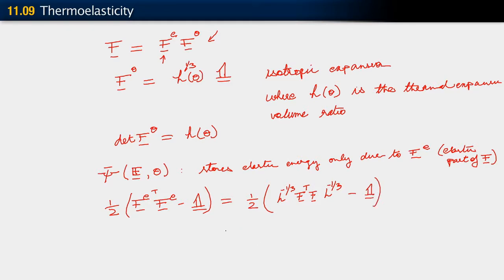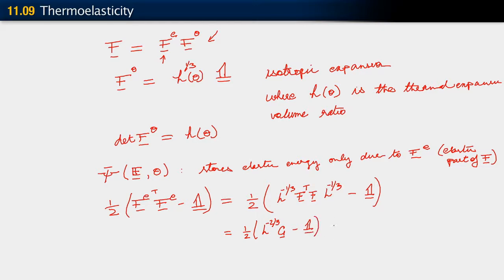All right, so here we are, and now let me just work with this a little more. 1/2 of h to the minus 2/3 C, because that's F transpose F, minus the isotropic tensor.